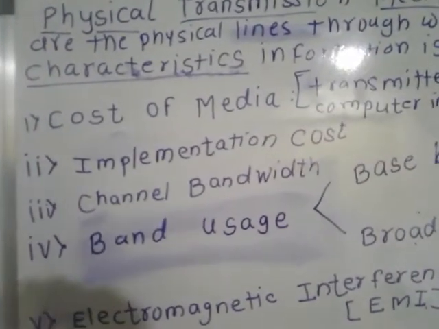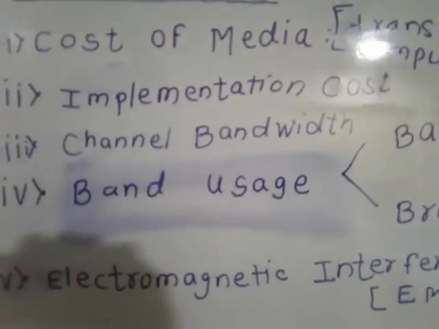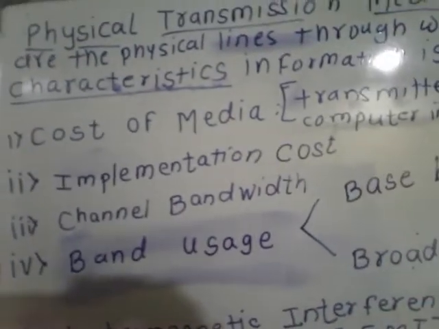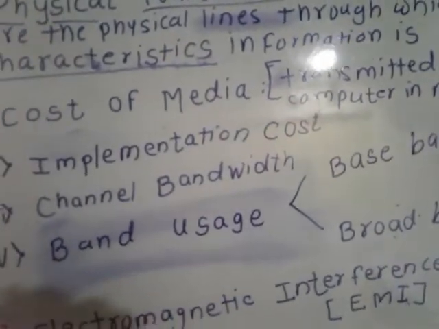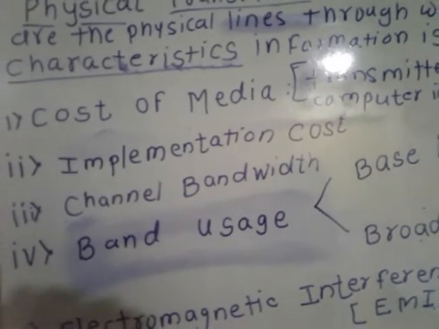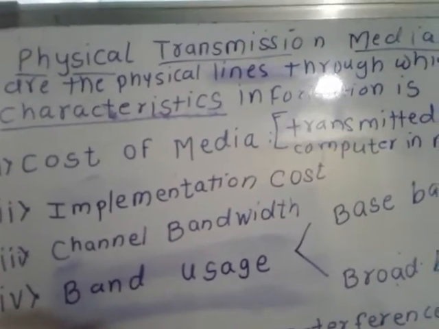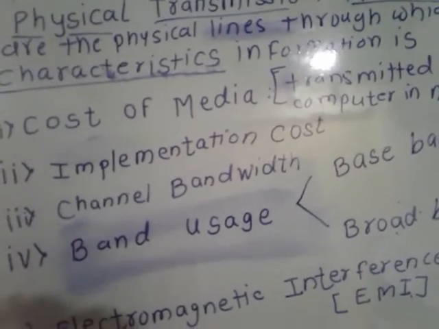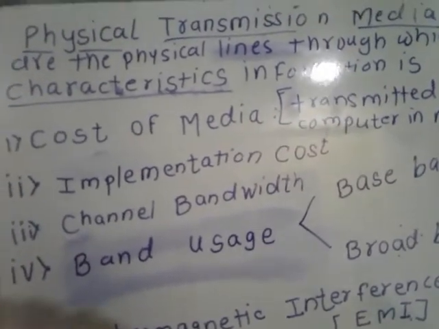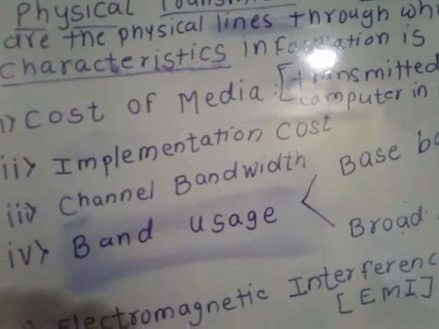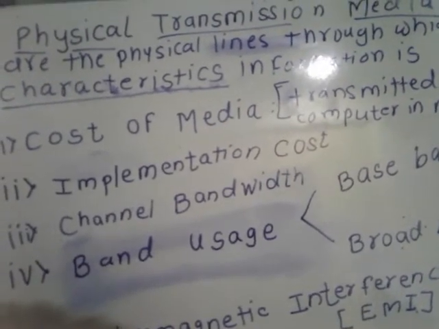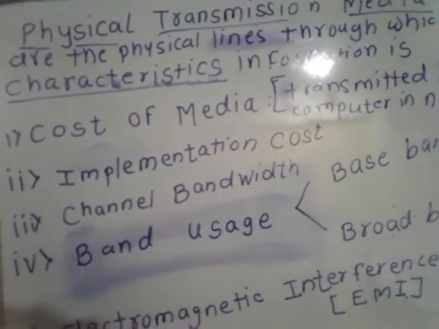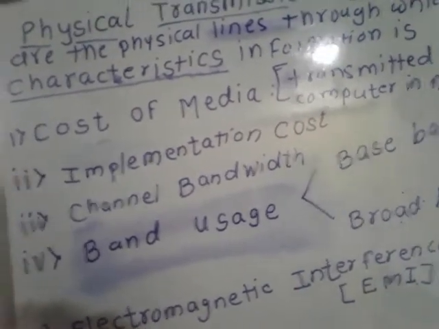Now we'll see the second property, that is implementation cost. Implementation cost means, when you are purchasing the physical media, then you have to install some kinds of software also. It is decided by the vendor, and the cost of installation is known as the implementation cost.